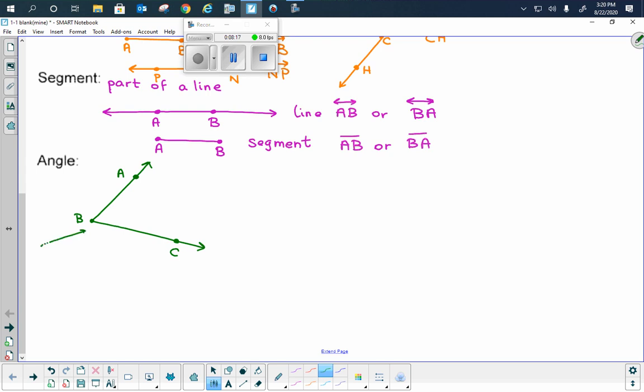Okay, so in this picture, our vertex, sorry, that's not showing up. It's on the edge. Let's do this. Write it that way. All right, so that vertex, guys, is right here at letter B, at point B.